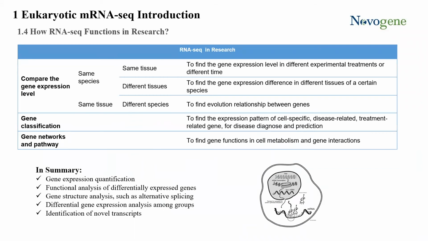Now that we know a little bit of what it is and how we do it, why would we use that? Eukaryotic mRNA sequencing can answer a variety of scientific questions, from gene expression levels, gene classifications, and gene network and pathways. In summary, the most used analyses by our clients are gene expression quantification, functional analysis of differentially expressed genes, gene structural analysis, differential expression among groups, and identification of novel transcripts.